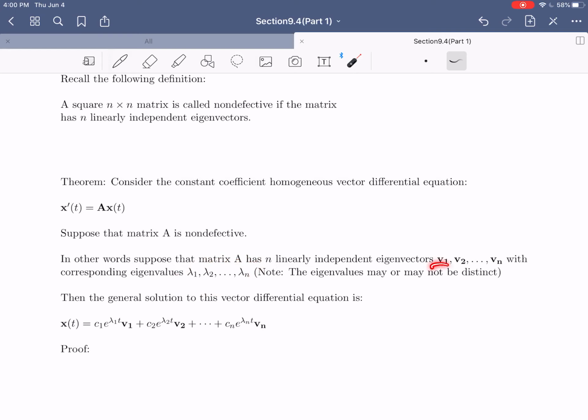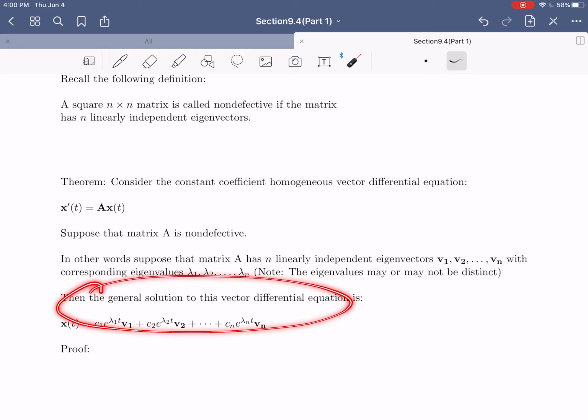In other words, v1 and v2 might be linearly independent, but lambda 1 and lambda 2 might be the same because v1 and v2 are actually two linearly independent eigenvectors for the same eigenvalue. Remember, the potential for several linearly independent eigenvectors for the same eigenvalue happens when that eigenvalue has multiplicity greater than 1. And we'll see some examples of that.